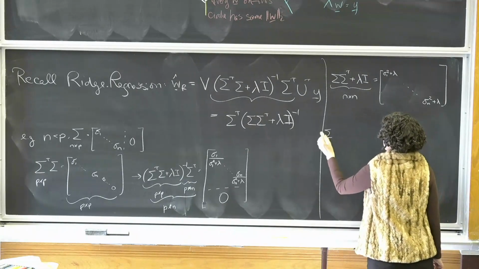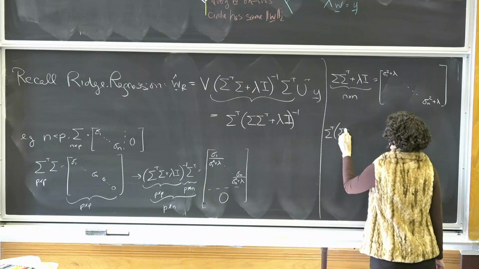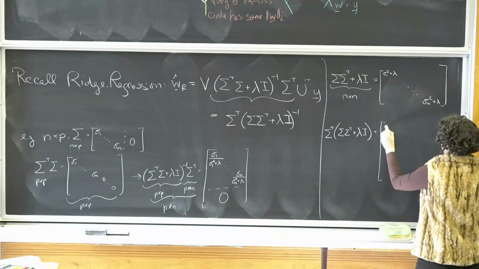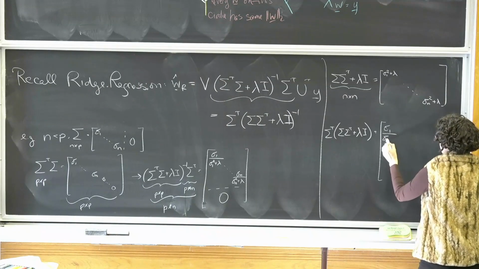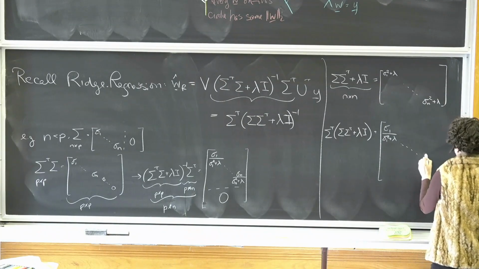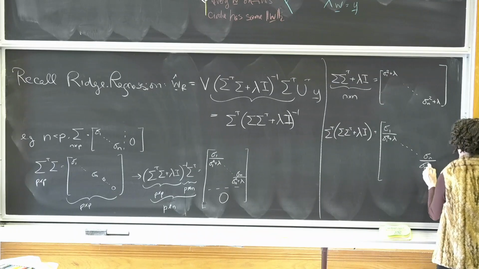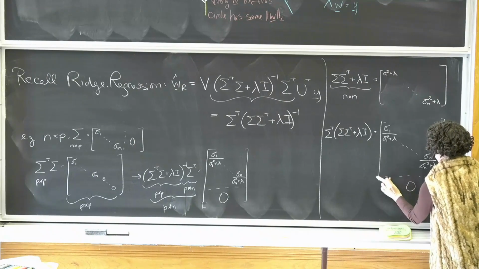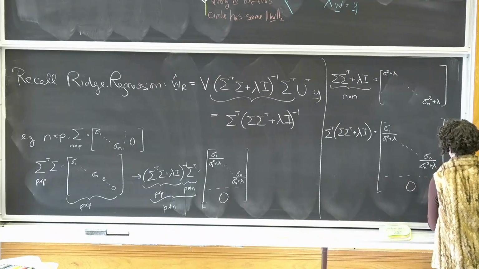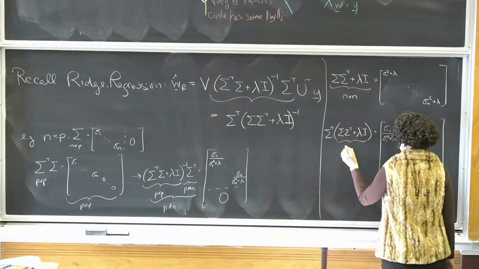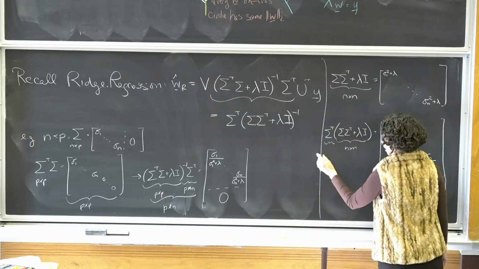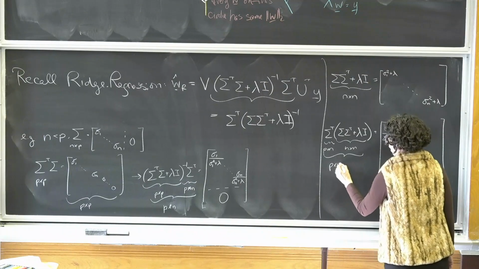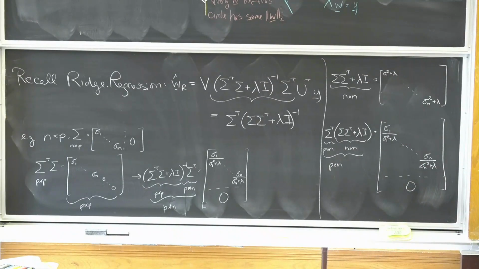And if I compute sigma transpose times sigma transpose plus lambda identity, I end up getting exactly what I showed you before, sigma 1 over sigma 1 squared plus lambda, all the way down to sigma n over sigma n squared plus lambda. And everything else here is just going to be 0. And the dimensions line up because this is n by n, and this is p by n, and so my product here is p by n, so it's exactly the same.